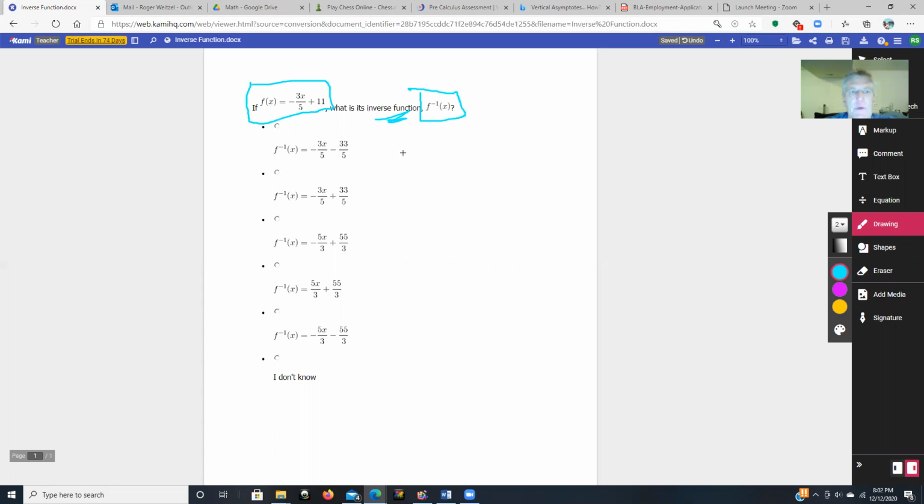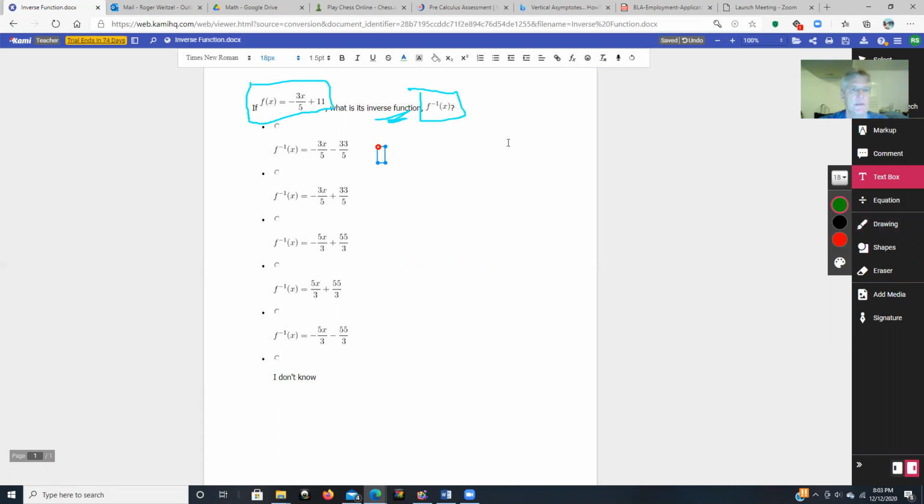So we have a couple of steps. We are going to set our function equal to a new variable, and I'm going to choose y. And we're going to write down what we have here at the beginning.